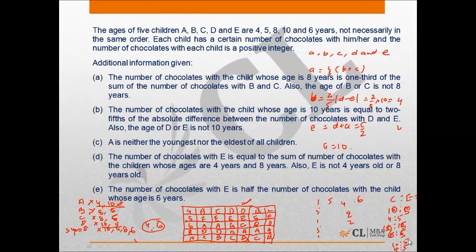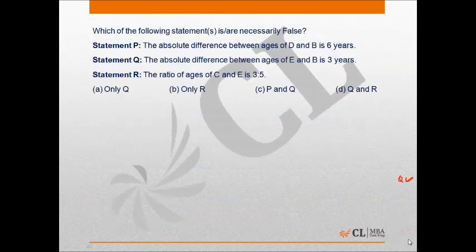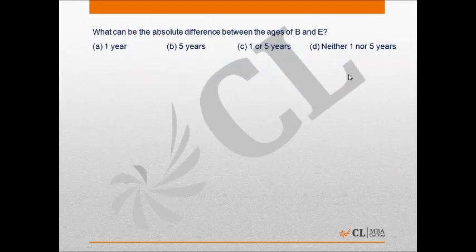From here, it becomes clear that the ratio of ages of C and E cannot be 3 is to 5. Hence, statement R is also false. From this, it can be concluded that option D has to be our answer, as this option contains statements Q and R.